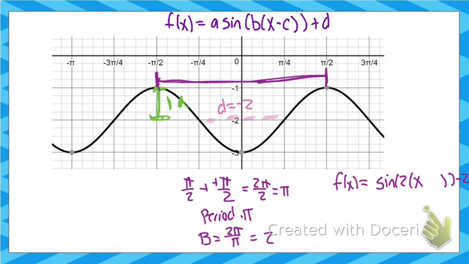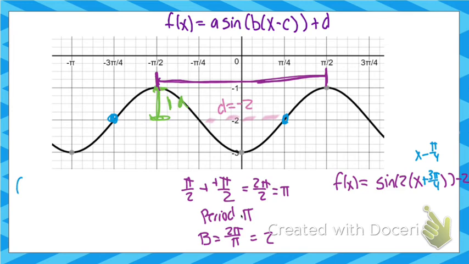For sine, we're looking for the middle point before your graph moves up. That would be this point right here, or this point right here. Either of those x values could be used for our sine graph. So I could do x plus 3 pi over 4, or I could do x minus pi over 4. Either one would be correct.